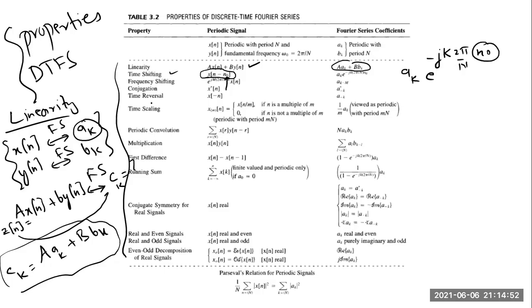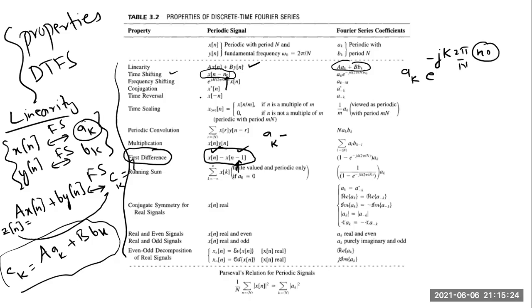And then there are the conjugation property and the time reversal property. The one difference that I will emphasize is that in the case of discrete time, we don't have a derivative, we have a difference. In place of the first derivative, we have the first difference, which means x of n minus x of n minus 1. What is going to be the Fourier coefficients for this signal? The Fourier coefficients of x of n are ak, minus the Fourier coefficients of x of n minus 1.